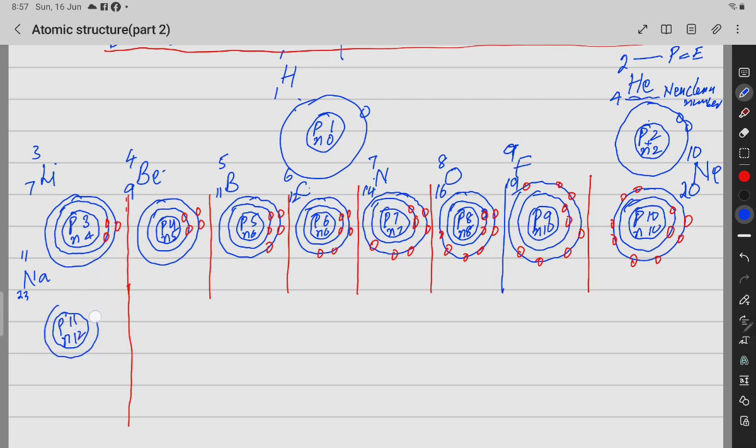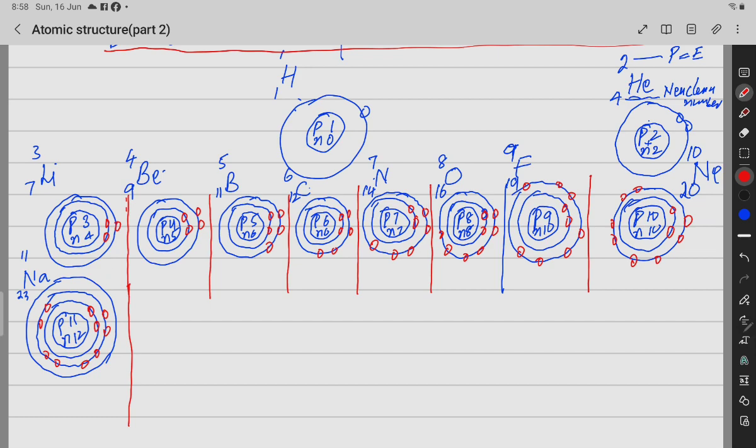Now this is the third period, so we have 3 shells. The first shell is filled up with 2 electrons and the second shell with 8 electrons. So the first shell fills up with 2 electrons and the second shell has 8 electrons always. 1, 2, 3, 4, 5, 6, 7, 8.